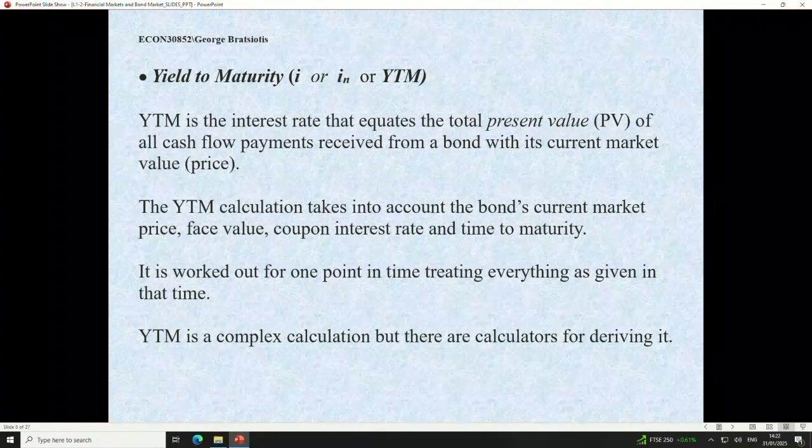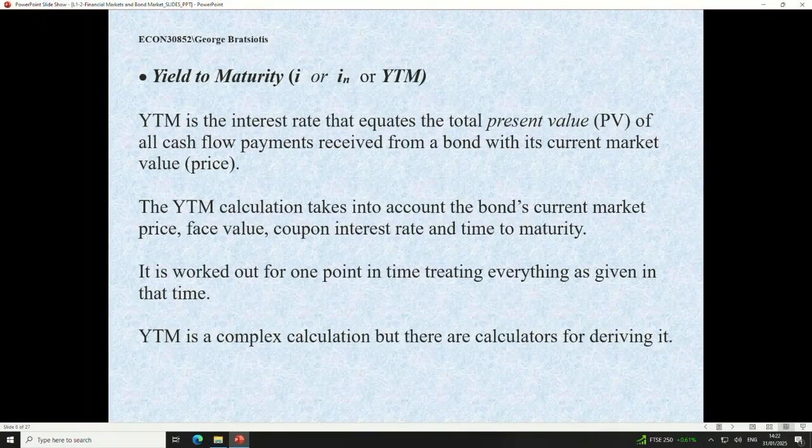On the internet, there are thousands of yield calculators, but it will ask you for some things: maturity, market interest rate, price of the bond, or the interest payments, the coupon payments, to be able to find out what the yield to maturity is.